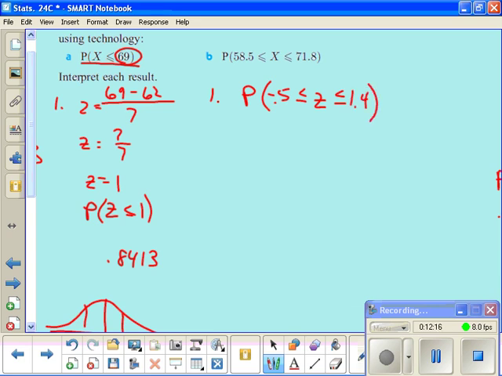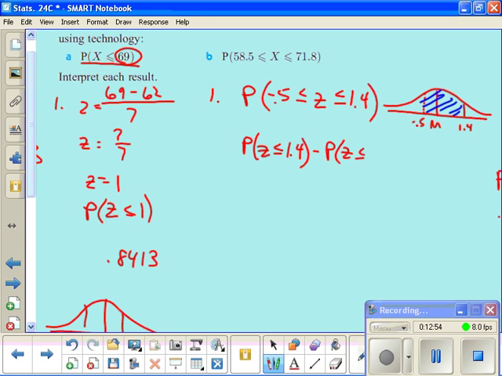I could do a sketch of this. Here's the mean, and I'm going to go from negative 0.5 to 1.4, and find the area in there. So I'm going to use the probability of Z less than or equal to 1.4 minus the probability of Z less than or equal to negative 0.5.